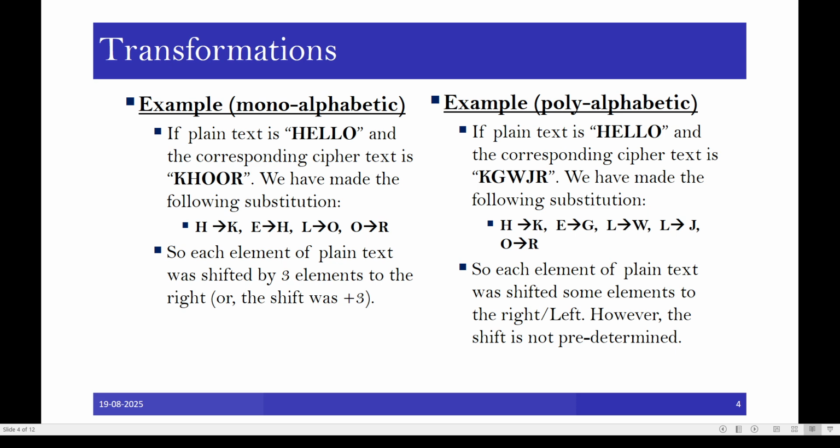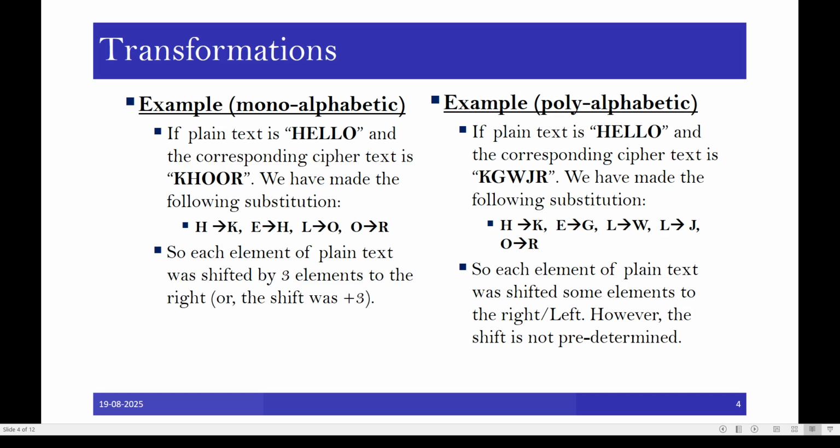What we have done here is we have changed H to K, E to H. Both the L's are mapped to the same letter O, and O is mapped to R. If you create a table with A corresponding to 0, B to 1, C to 2, and likewise Z to 25, you will see that when we transform H to K, we shift by 3 alphabets.